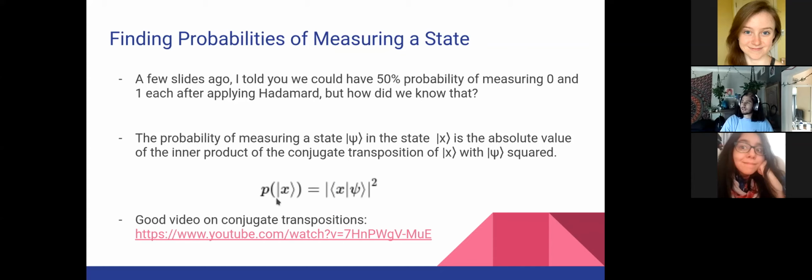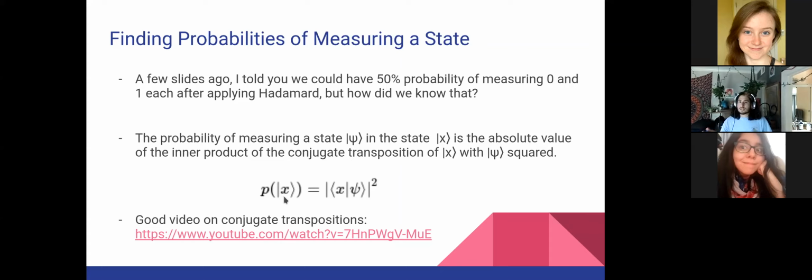So if we wanted to find the probability of measuring the x, which could be 1, it could be 0, it could be more complex, we would say, all right, let's apply the Hermitian transposition, or the conjugate transpose, which there's a great video on. These slides are in the GitHub, so if you want to check that out, super simple.